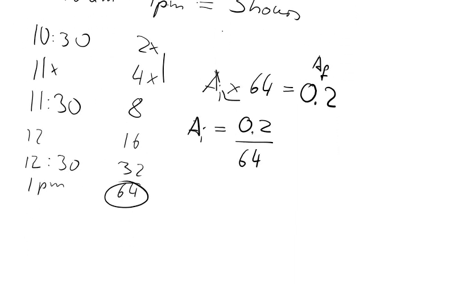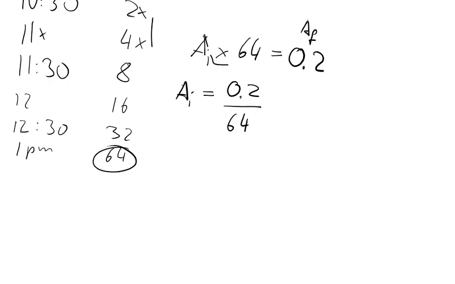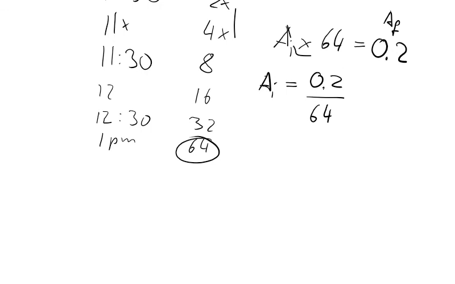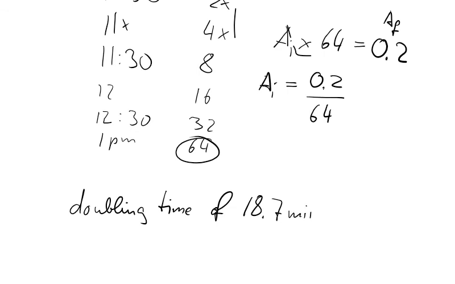However, this only works if you have really nice numbers. If I had given you a doubling time of 18.7 minutes, this approach doesn't work.